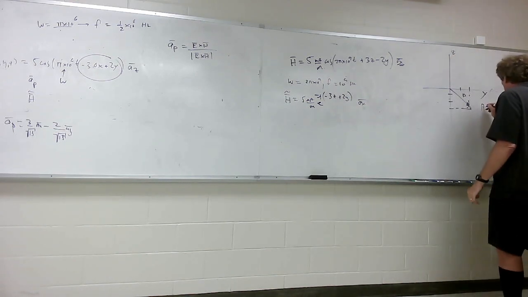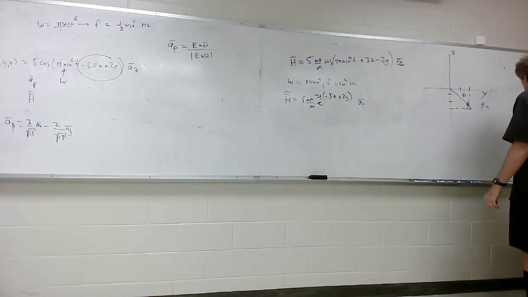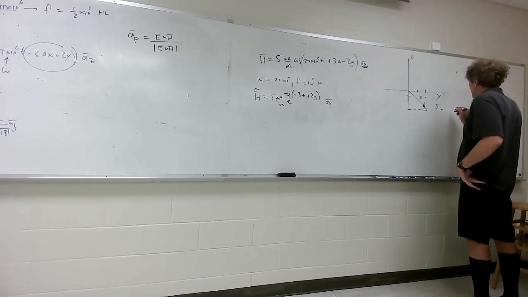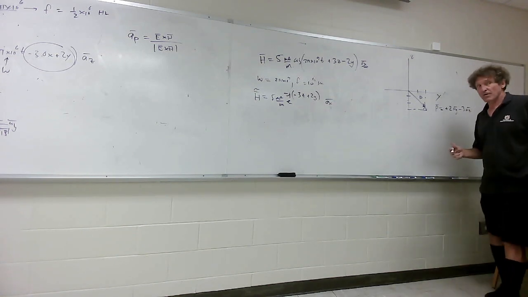As a matter of fact, beta can be represented, it's the propagation vector associated with this, not the polarization. So this is going to be really plus 2 ay minus 3 az. Can everybody follow me on that?